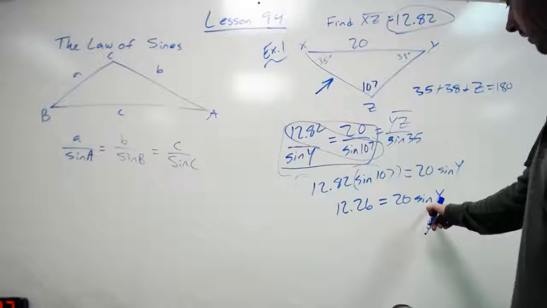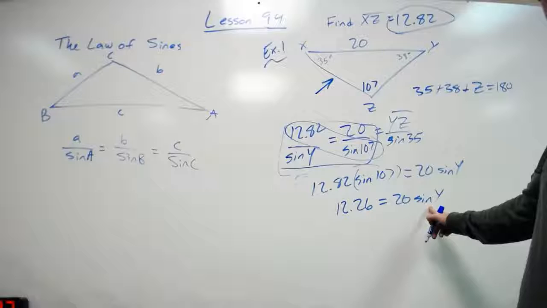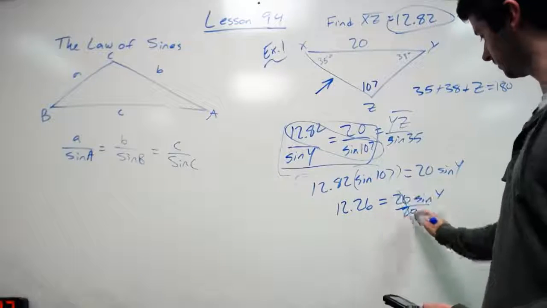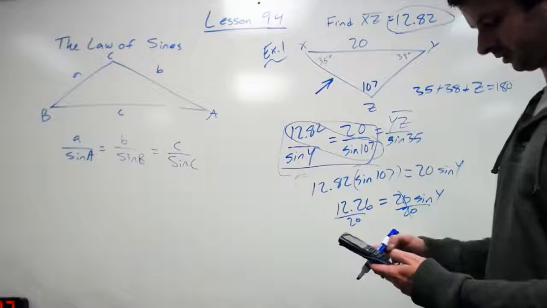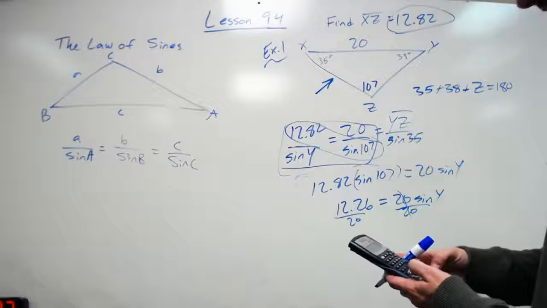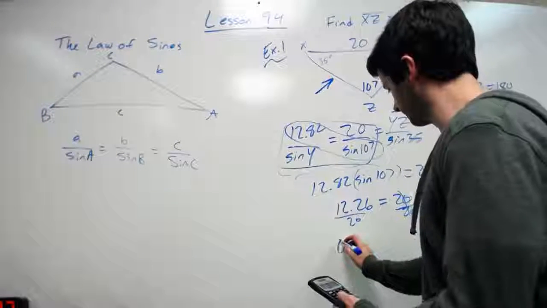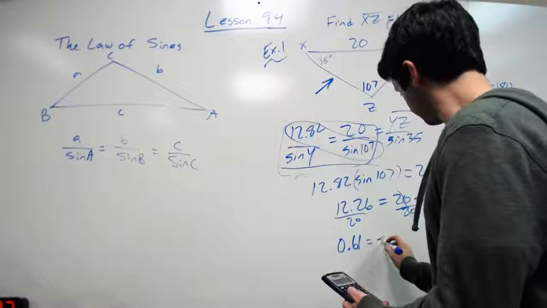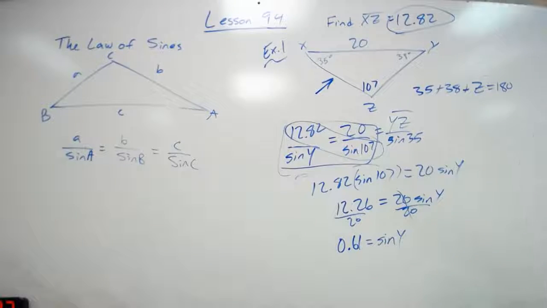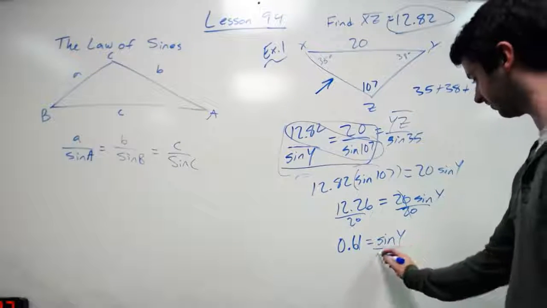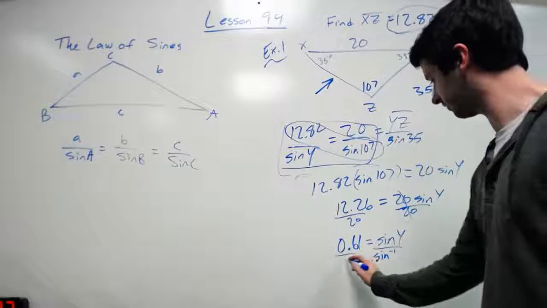Now I have to get y by itself, so I'm going to divide by 20. This divided by 20 is 0.61, which equals sine of y. Now to get y by itself, I have to undo the sine, and that's when we do the inverse of sine.